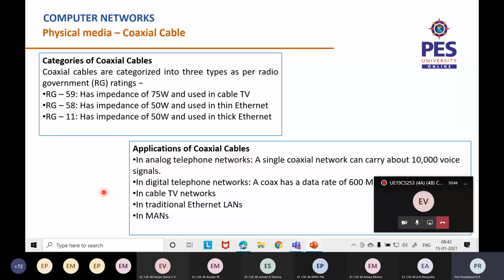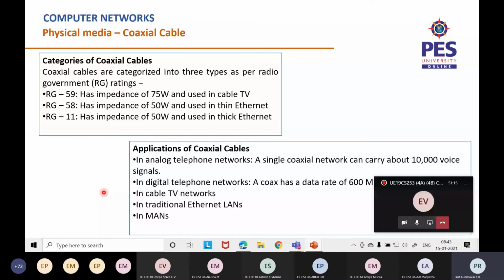When it comes to the categories, there are other ways of representing coaxial cables. So this is as per the radio government. In network terminology they are called RG ratings. RG 59, RG 58 and RG 11 are three categories of coaxial cables.